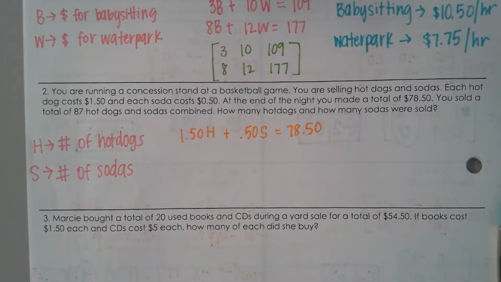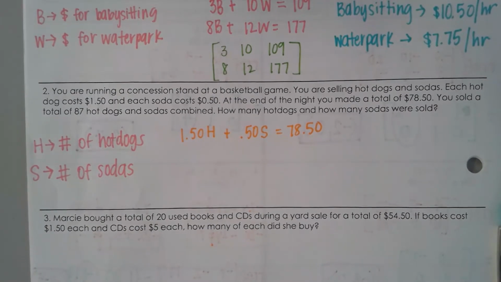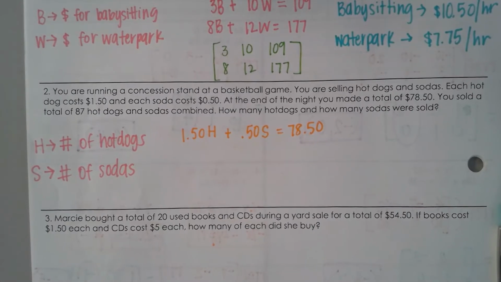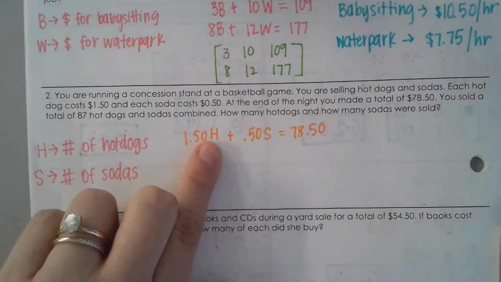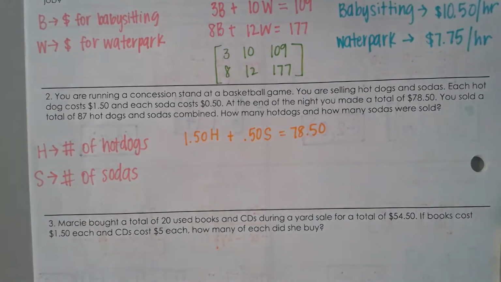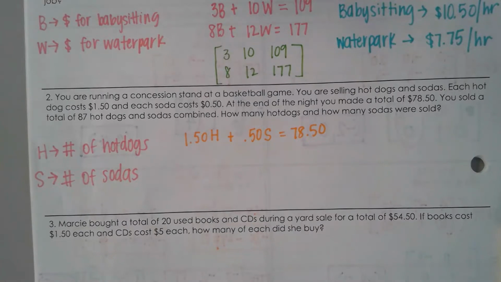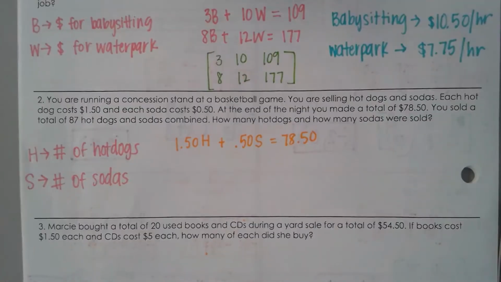Think about your variables. What can you do with your variables to make an equation? I want to write something that looks kind of like that. How do I get 87? What is that? It's the total of what?